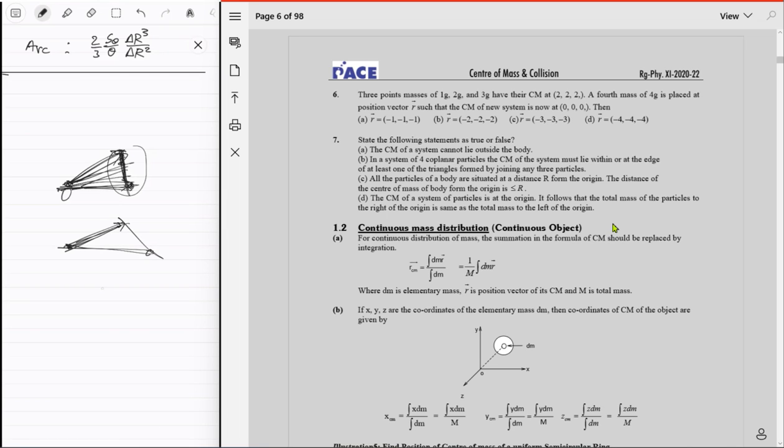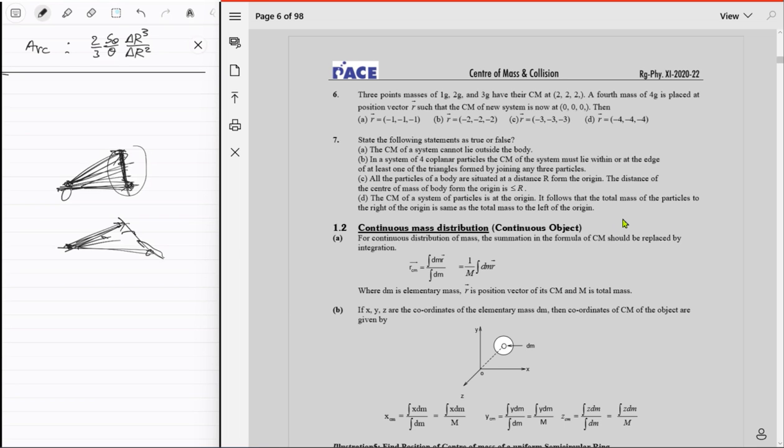The distance will never be bigger than r. Just keep on going like that, and eventually you have n masses, and you get the final center of mass. That proves that its distance from the origin is less than or equal to r.